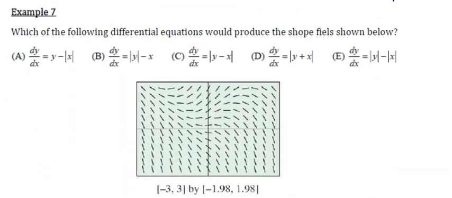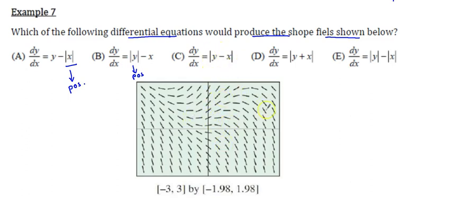This is another very good multiple choice question. It says, which of the following differential equations would produce the slope field shown below? Okay, so here you have to understand the absolute value. X is always positive, y is always positive, so the final answer is positive, which is never true.